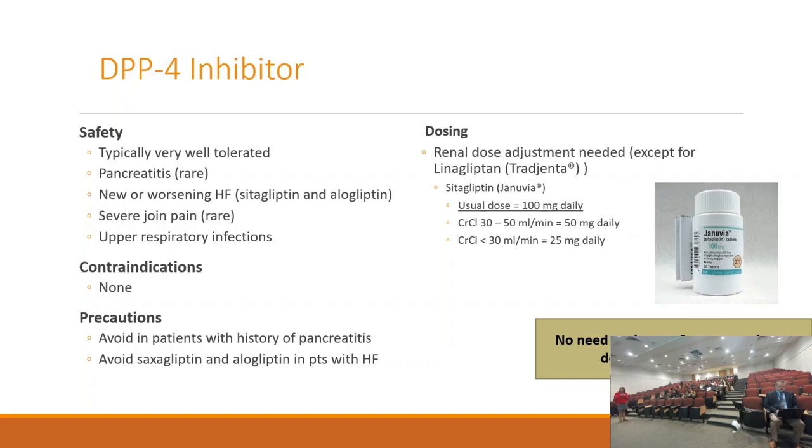But what do you not see as a contraindication for this class that we saw for GLP-1? The thyroid carcinoma. So this class does not have the thyroid C-cell tumor risk or the medullary thyroid cancer risk that the GLP-1s have. So that's one major safety advantage.